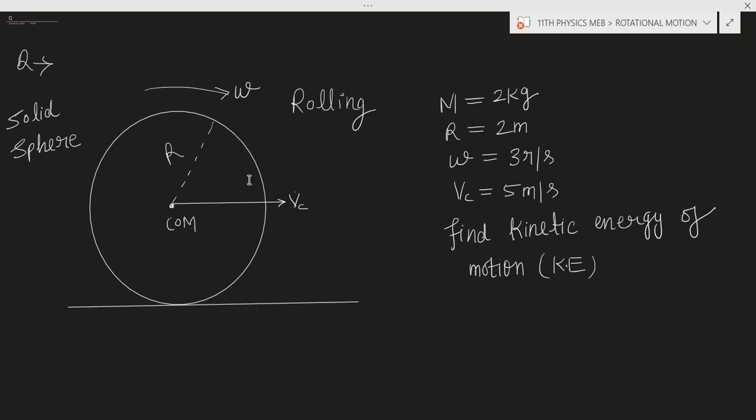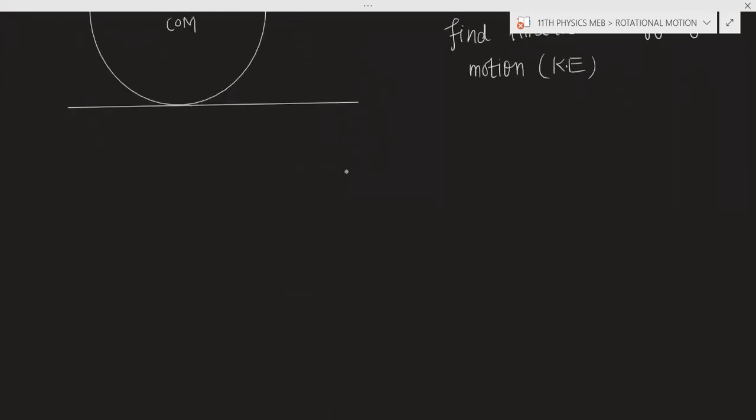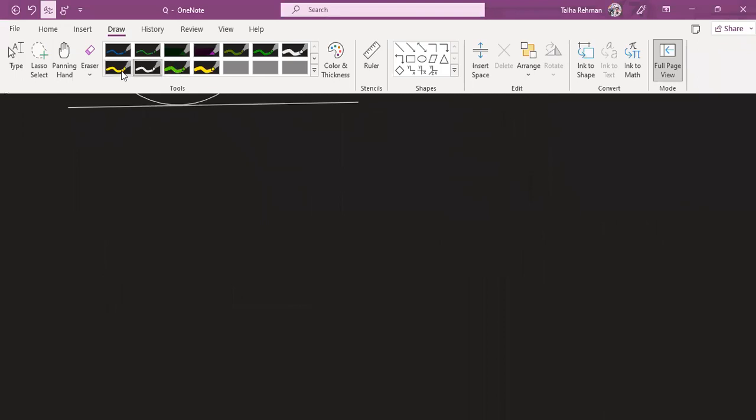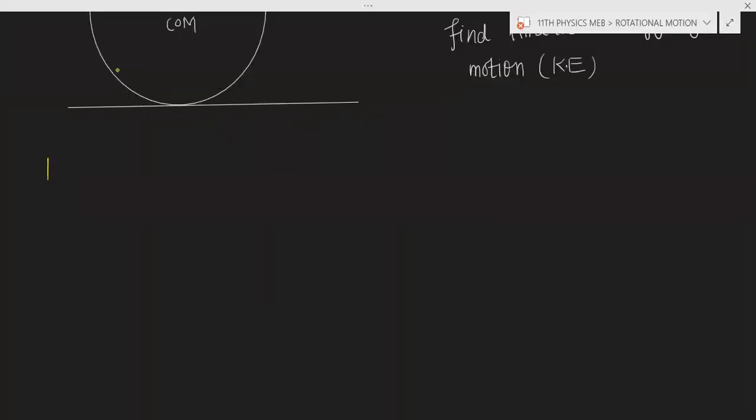Now this sphere is performing a rolling motion. Now for the rolling motion, the kinetic energy is equal to half into mass of the body into velocity of center of mass square plus half into moment of inertia about the center of mass into omega square.